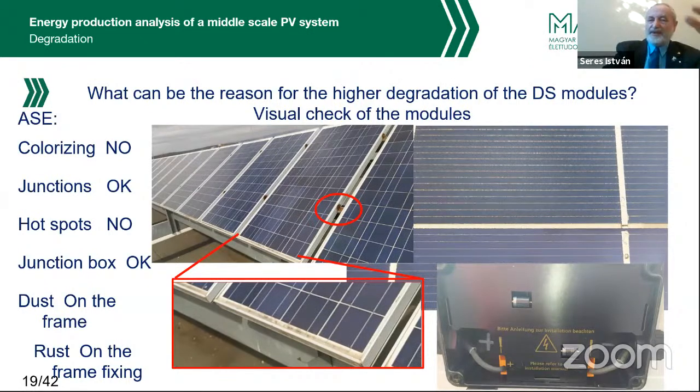Ultraviolet radiation is damaging the material somehow, but you cannot see it. So I think the polycrystalline modules are okay. What we could see is that during the construction, they did not use rust-free screws. That was the only problem we should repair, but it does not have an effect on the working of the system.